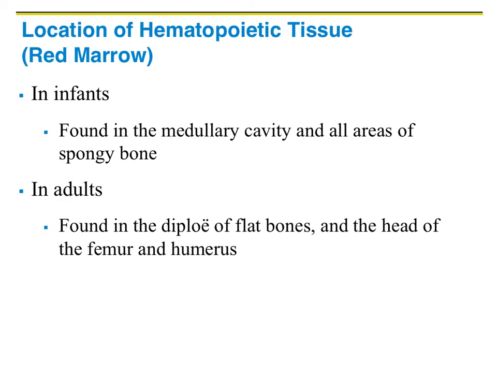The location of hematopoietic tissue is different in infants and adults. In infants, the medullary cavity of long bone contains red marrow. This is where hematopoiesis occurs. Hematopoiesis in infants also occurs in all areas of spongy bone.